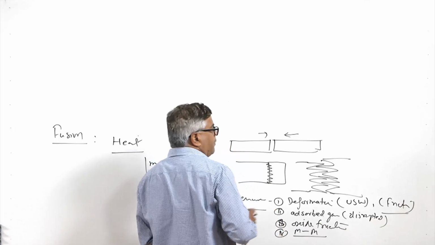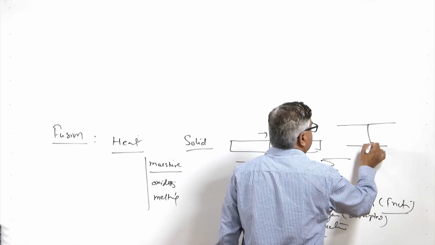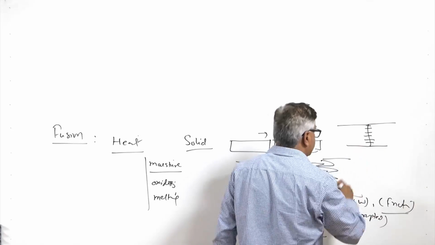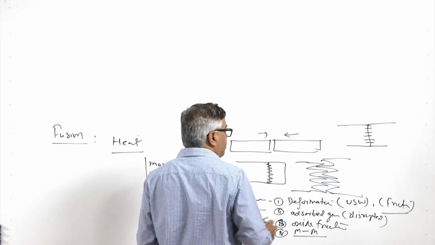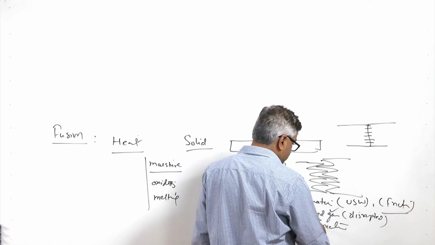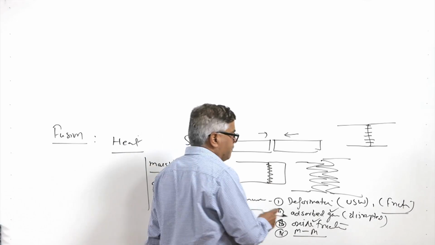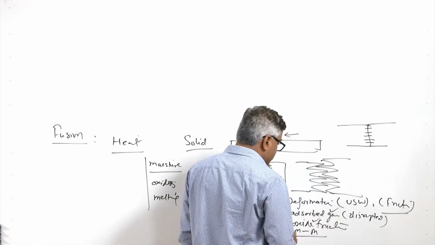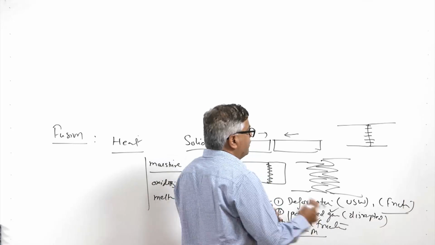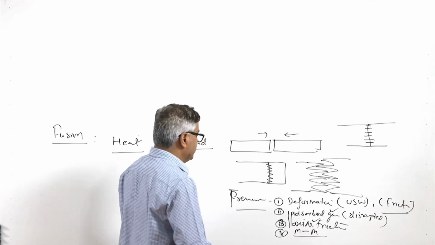If the two components are kept under pressure for certain time, then the metallurgical bond is established. So, the disruption of adsorbed gases and the fracture of the oxide layers present at the surface is mandatory for having the direct metal to metal contact between the components being joined in the solid state.